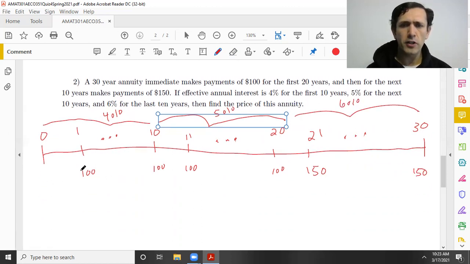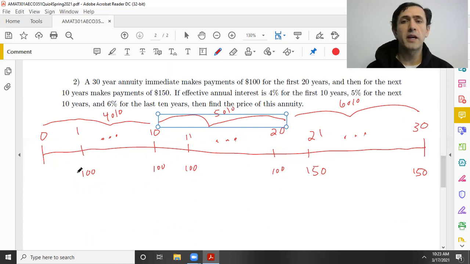So what we're going to have to do, as we did in the videos and in the homework, is break this up because we have 3 separate interest rates here, in addition to 2 separate payments. We're going to have to break this up into 3 different annuities.